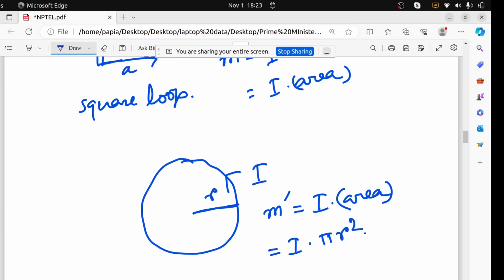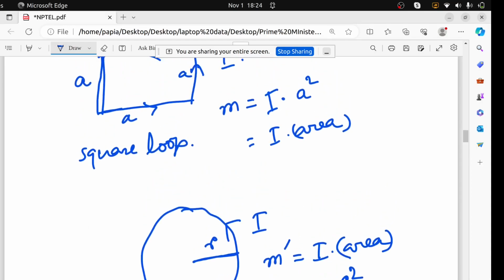Now we got the M prime expression, I into pi R square, but it should be related to A, otherwise it will not be the correct one. So what is the relation between this one and this one? We are making the circular loop from the square one, so what is the condition?